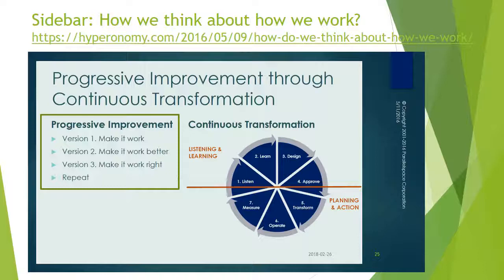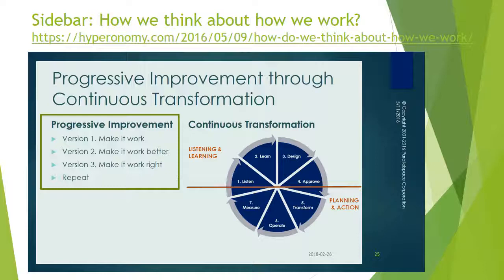On the left here, version 1 is make it work. So maybe there are some things that we have to work around, or a little bit kludgy, but it's about make it work almost at all costs.